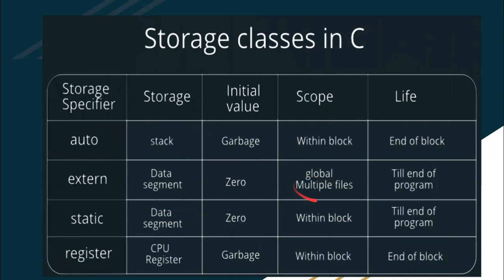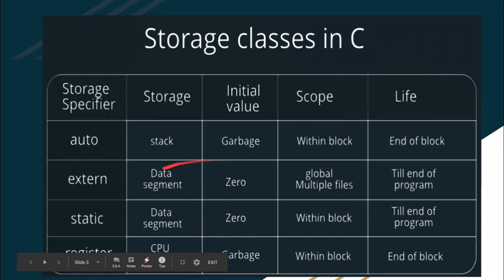That is the global, multiple-file scope. Scope means the reachability. In the case of static, it is within the block, and register also within the block. Whether it is auto or static or register, the scope of the data is only within the block, like a local variable or within a function.